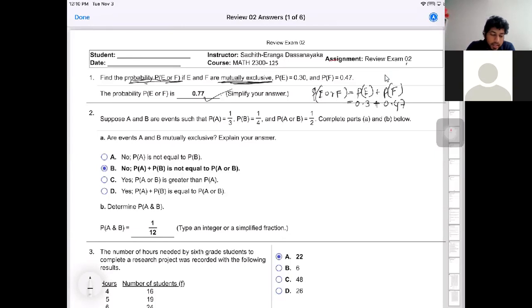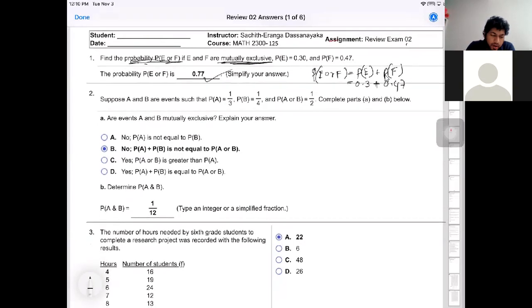Same thing you have to apply here if they are mutually exclusive. See, A and B are just events. They have given probability of A, probability of B, probability of A or B. They ask, are events A and B mutually exclusive? How do you check that? You can simply apply the addition rule and check that value equals the given P(A or B).